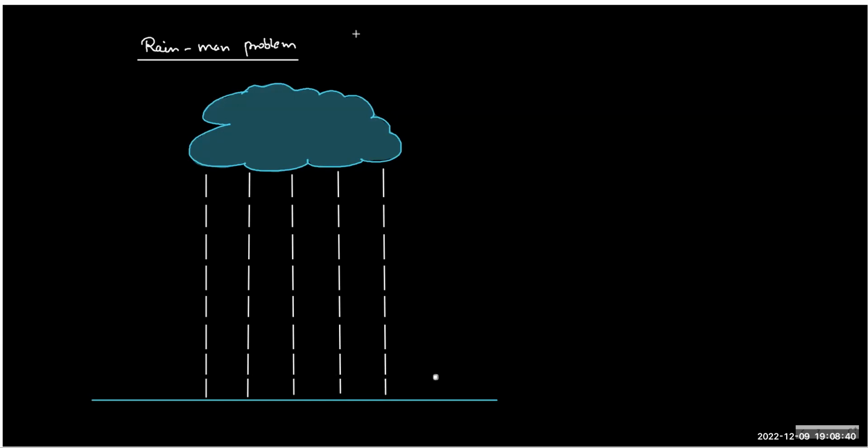So the raindrop has come down to the earth. And we define something called VR. VR means velocity of rain with respect to ground or earth or whatever. So we'll take the second scenario.